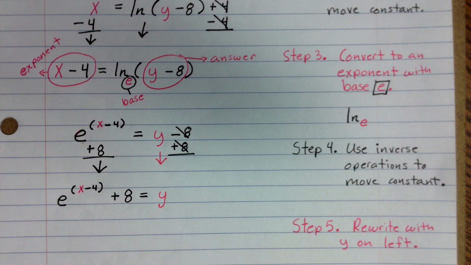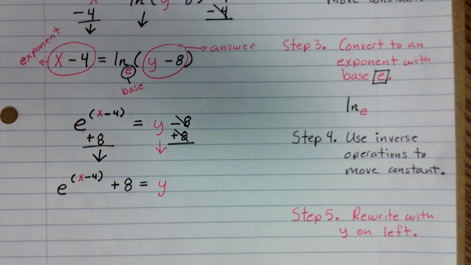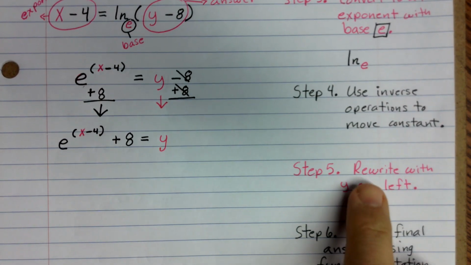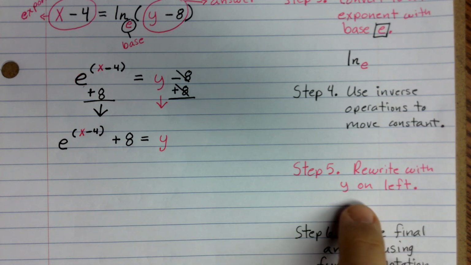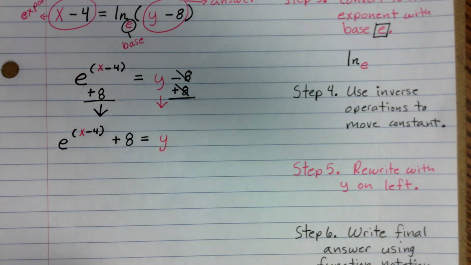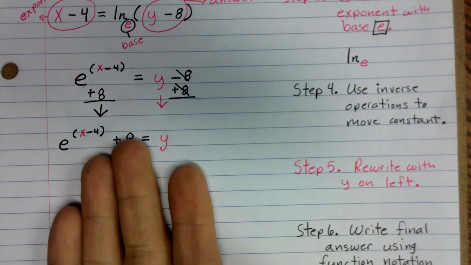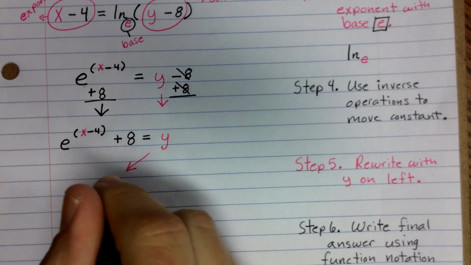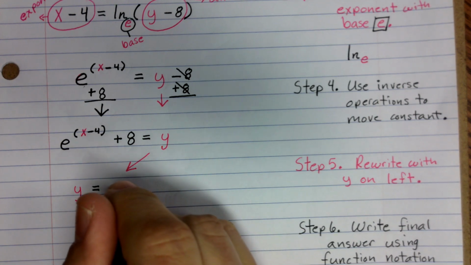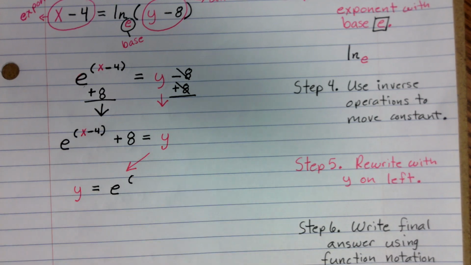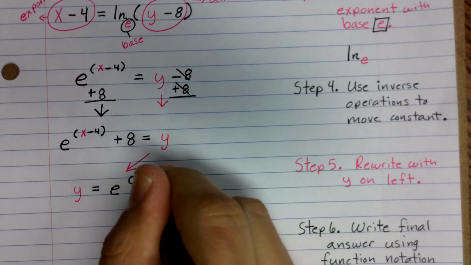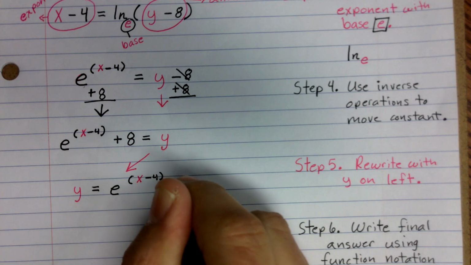So we are almost done at this point, but what we want to do now is we want to go ahead and do step 5, which is rewrite the equation with y on the left. So imagine, right, it's a pancake, we're scooping it up and we're just flipping it over. So I'm going to move y over here, so I have y is equal to e to the power of x minus 4 plus 8.